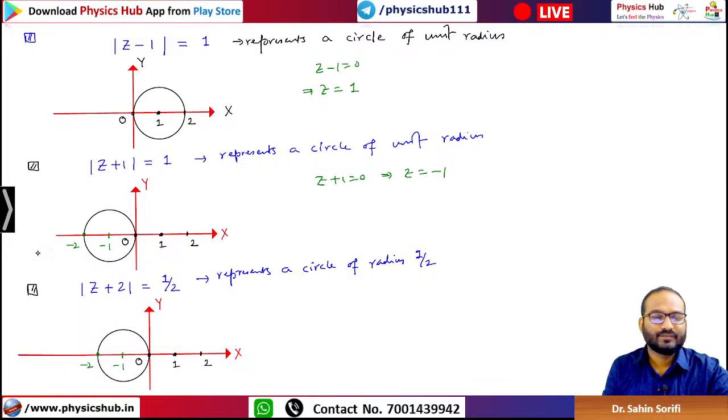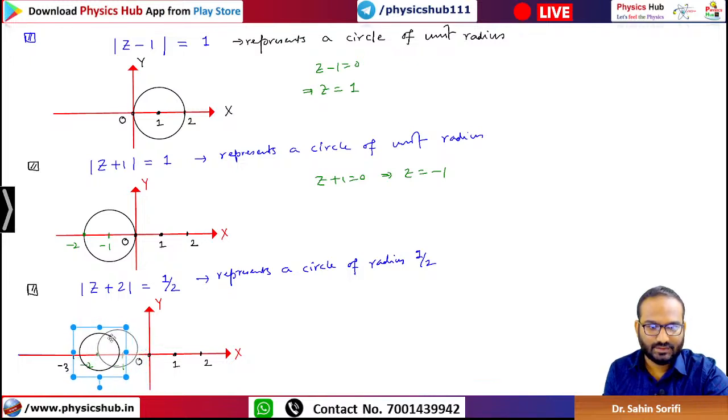Look, this has z plus 2 equals to 0, so z equals to minus 2. So here the center will lie, but now the radius is also half. So this is, let us say, -3, so it will come up to half. So this will be reduced.